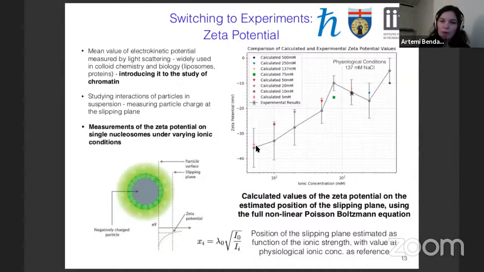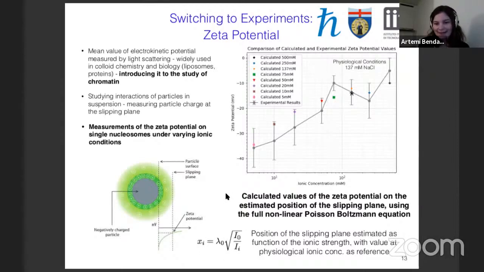And then we also performed calculations using Delphi to see if we were able to get a match, and luckily we were. So as you can see, usually with Delphi, we are overestimating the potential with respect to the experimental data. We think that this is because we estimated the position of the slipping plane using this formula.